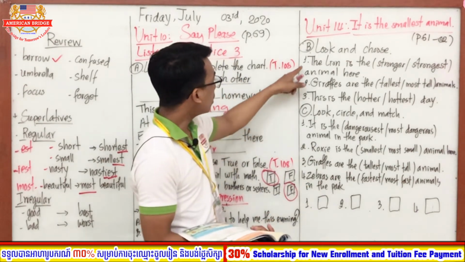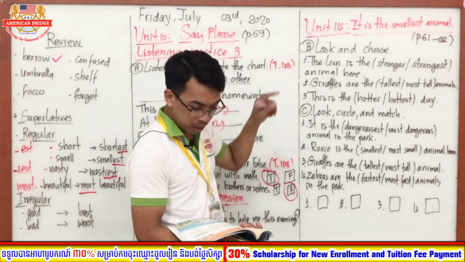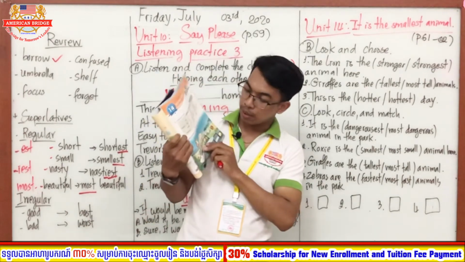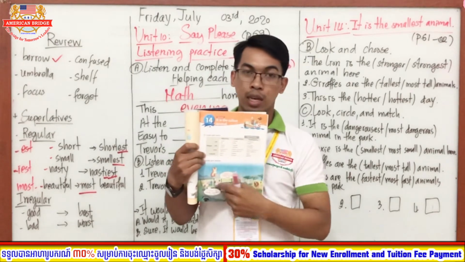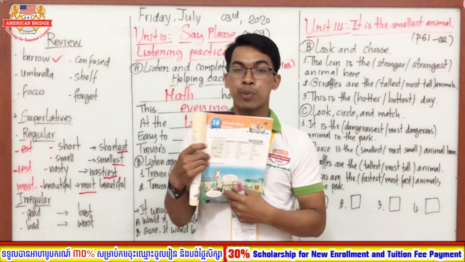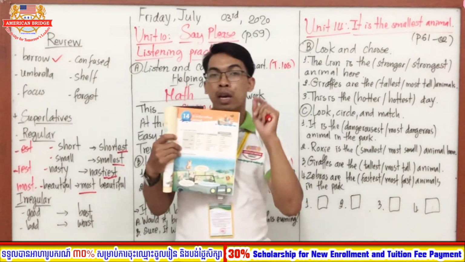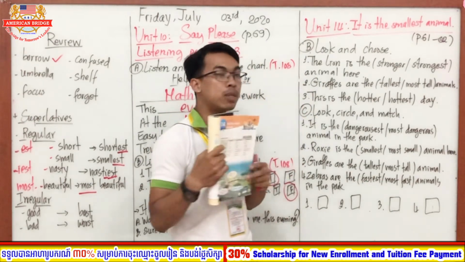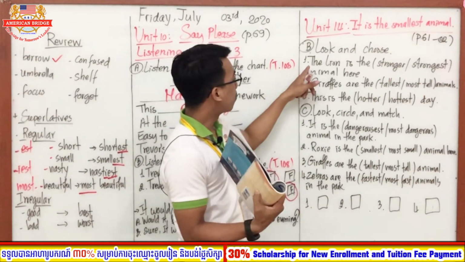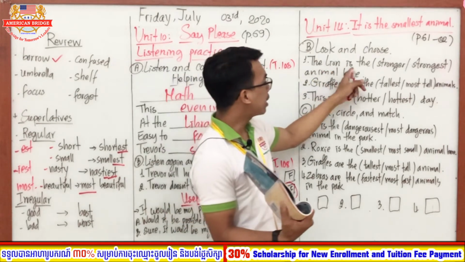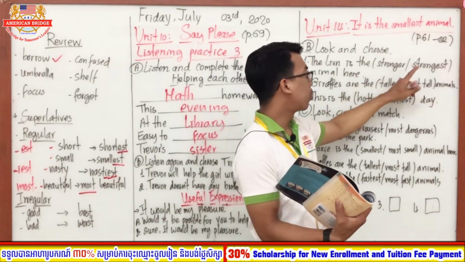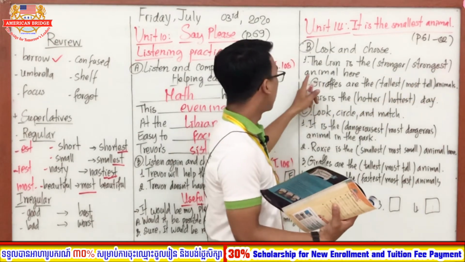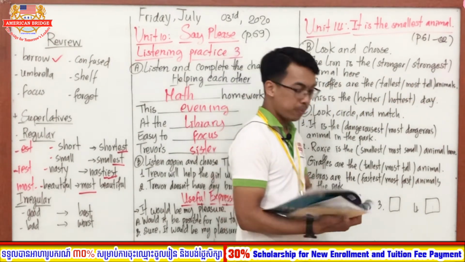Everyone, you can open the textbook and you will see the pictures and the exercise. Now don't waste our time, so move to the first one. Number one, the lion is the... We have stronger, we have strongest animal here.